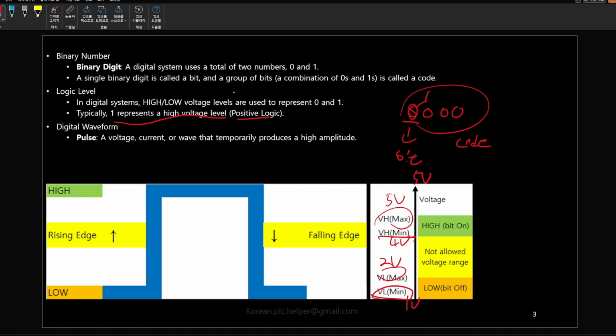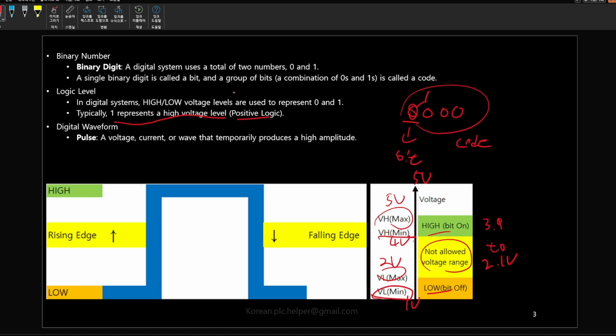From 2.1 volts to 3.9 volts is not high, not low. This range is not a low voltage range, which is an unacceptable voltage range.